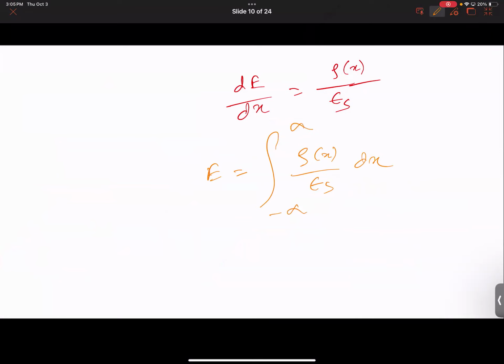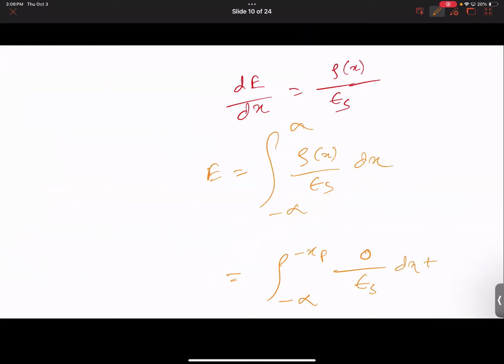Negative infinity to positive infinity. Imagine, but beyond xn and xp, just visualize it. I don't want to go back again. Beyond xn and xp, rho x is always what? 0. So I can write from negative infinity to negative xp, rho x is 0.